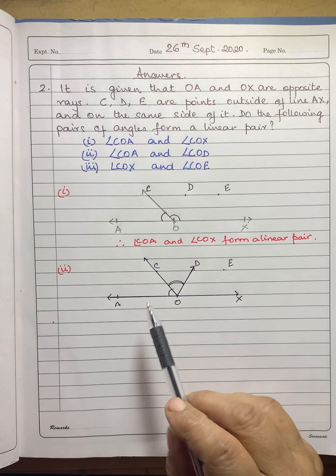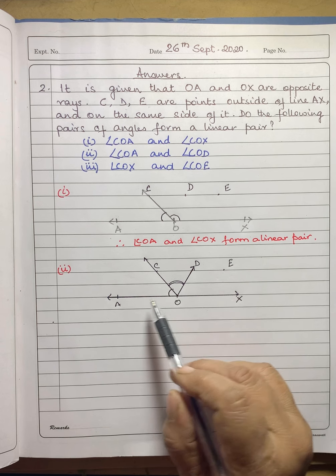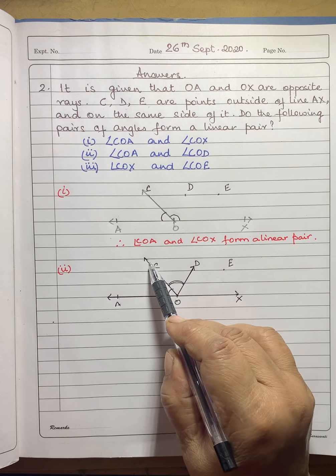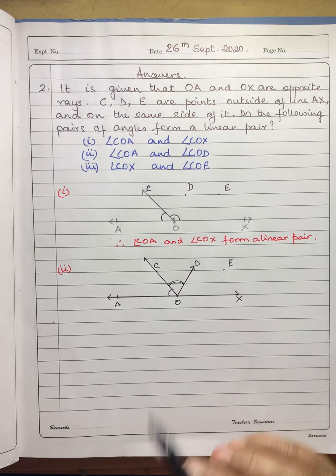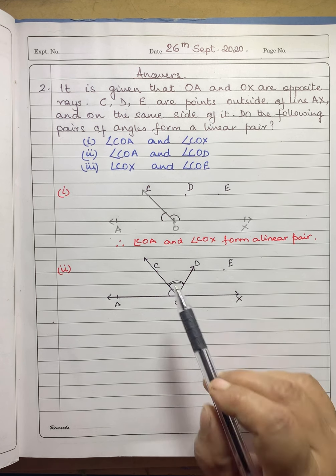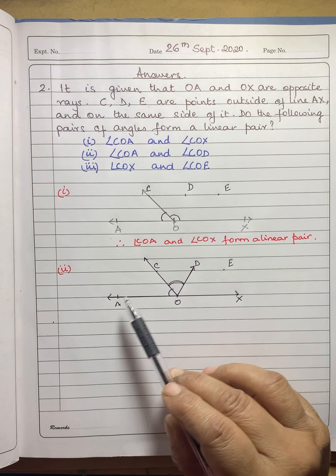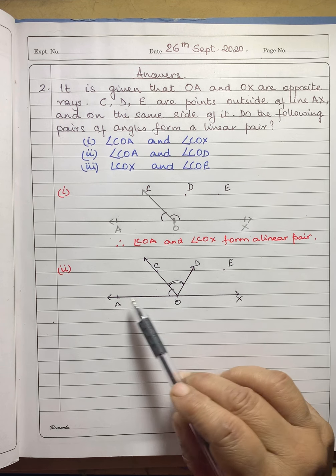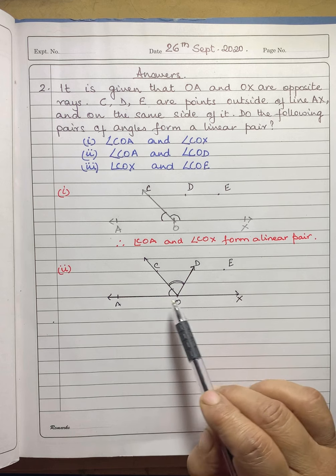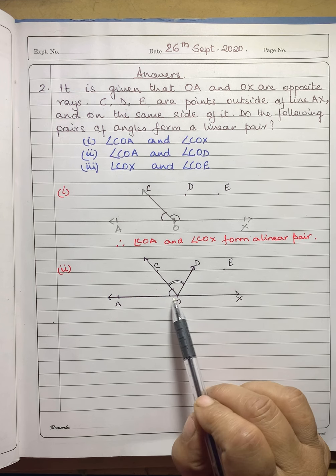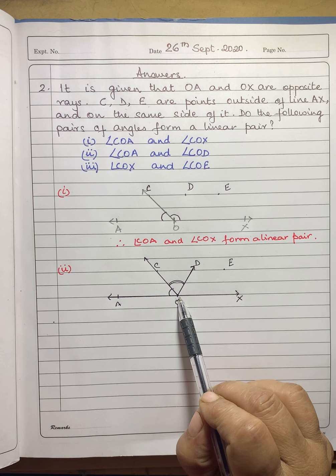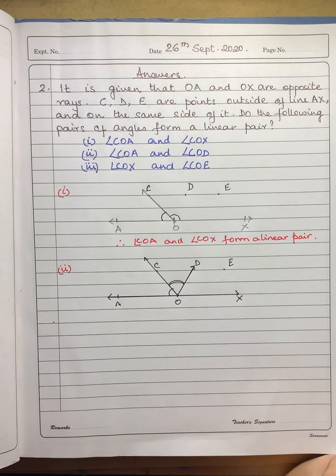Now, are these two angles, AOC and COD, forming a linear pair? They are adjacent angles, with a common arm here, and the uncommon arms on both sides. But are the two arms on opposite sides?